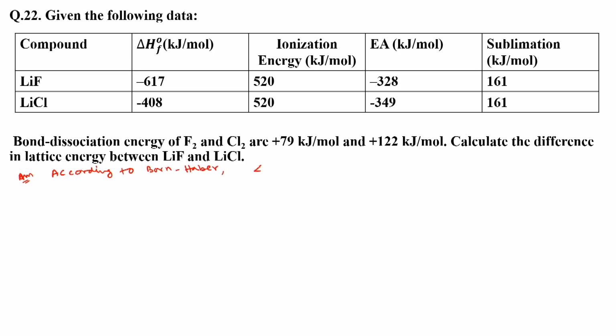we write delta H F naught is delta H sublimation plus delta H dissociation plus IE plus EA plus U, right.